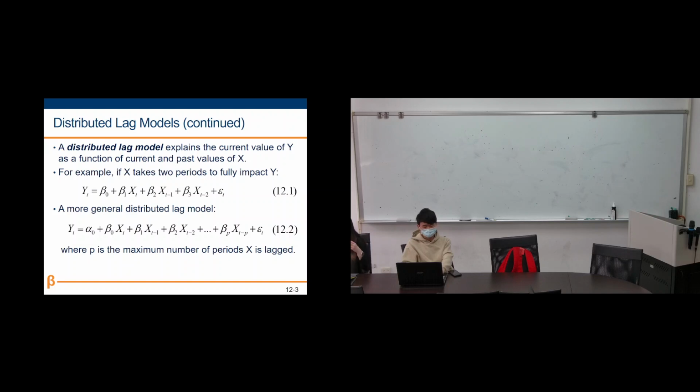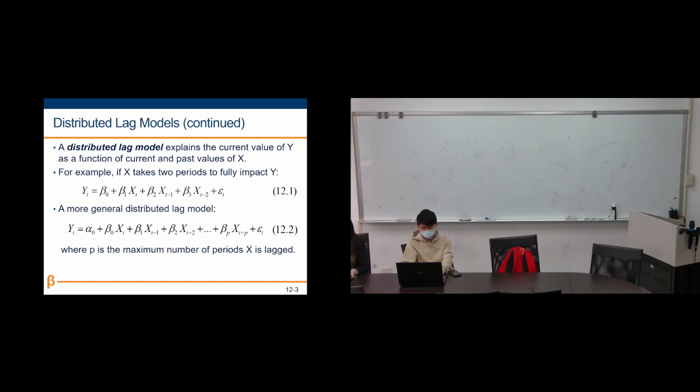Degrees of freedom in regression analysis is n minus k minus 1, where n is the sample size, k is the number of x variables, and minus 1 is the intercept. So the more previous periods, the fewer degrees of freedom.